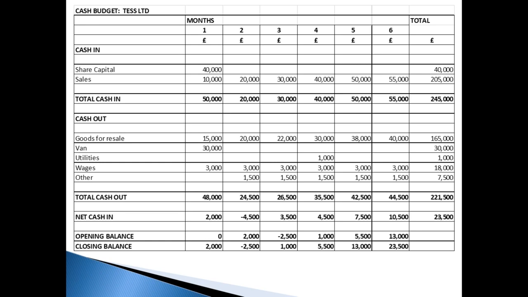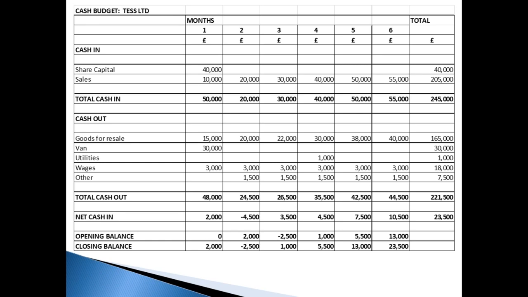Notice about 2/3 of the way down, the other cash outs, those were the things that were bought on credit. So there's nothing in month one, and it starts off with month two. So that's the £1,500 to pay for the stuff she actually got in month one.